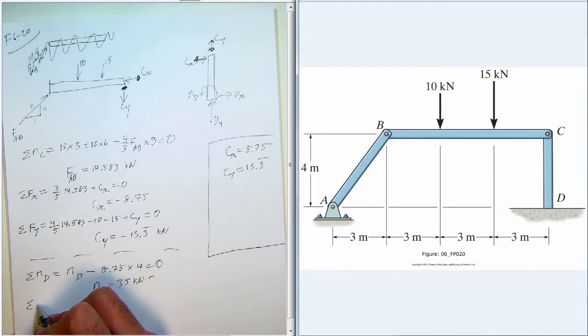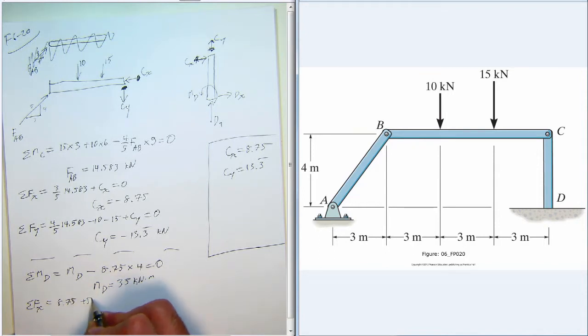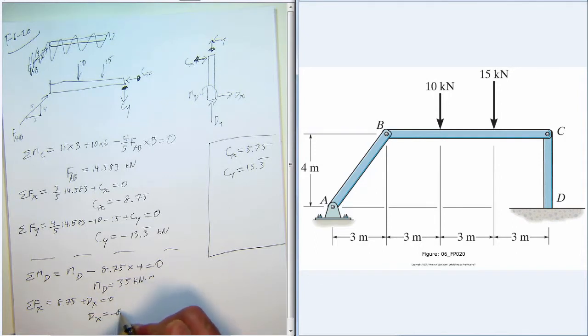Forces in the x. So we have 8.75 plus Dx equals 0. Dx is negative 8.75.